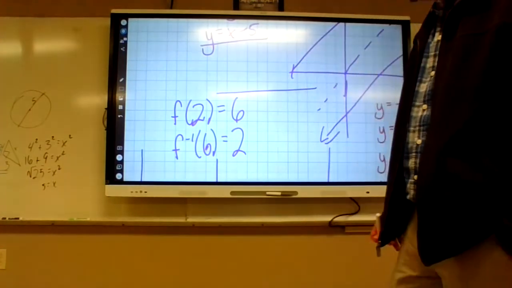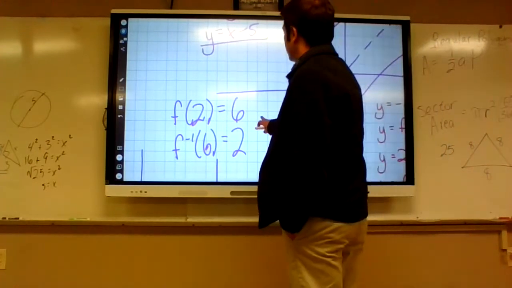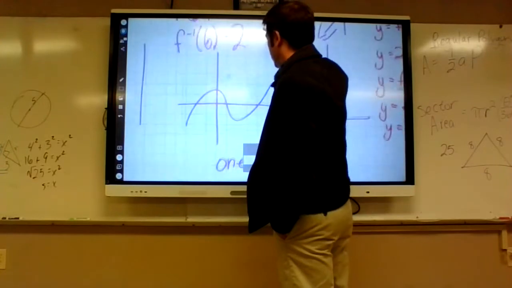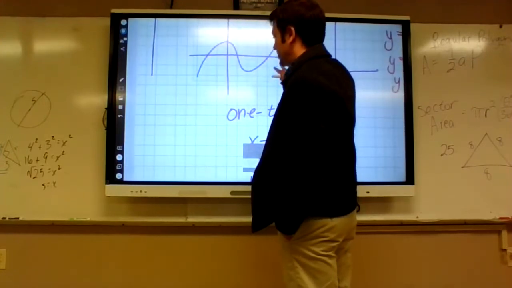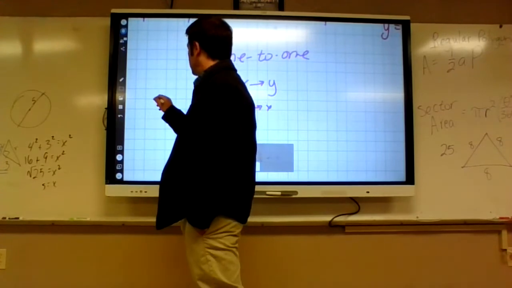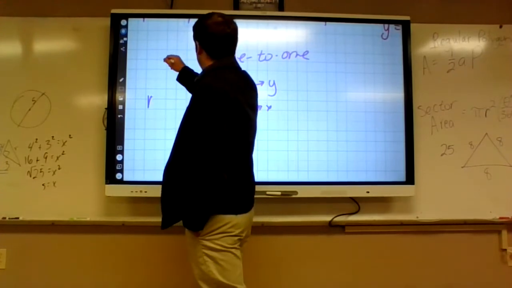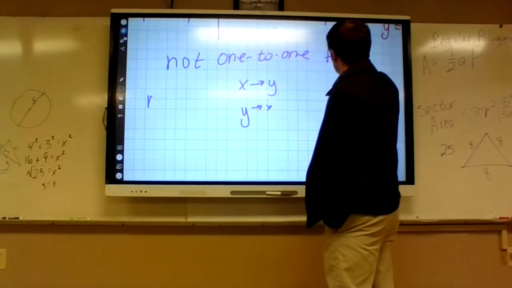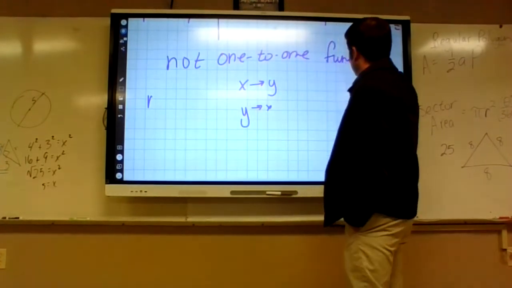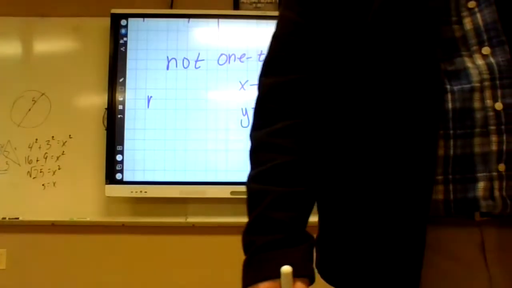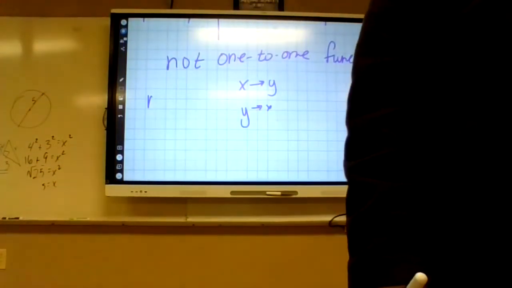It's not a one-to-one function, so it doesn't pass the horizontal line test. So just put not a one-to-one function, because 2 different x values have the same y value.